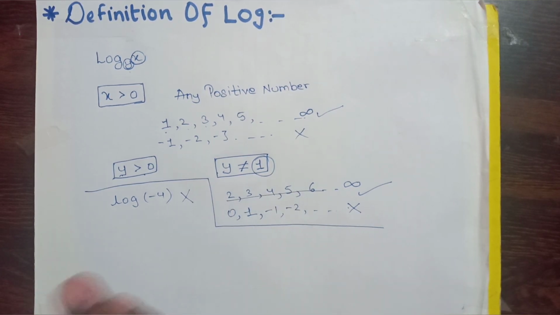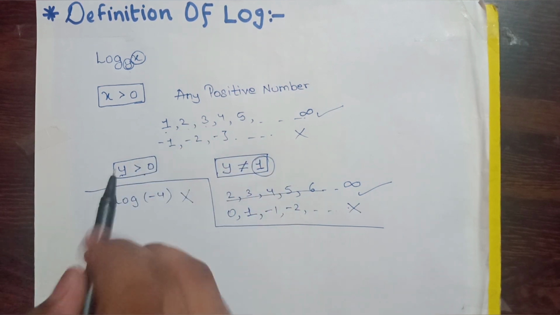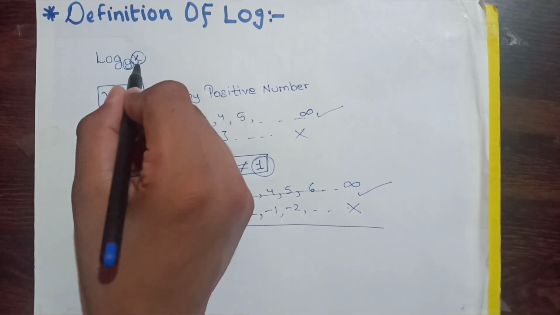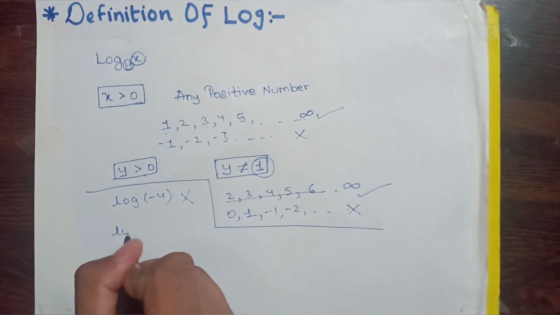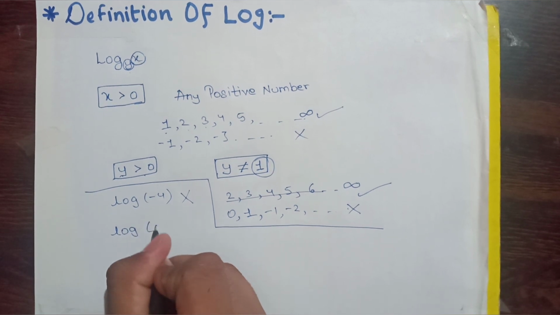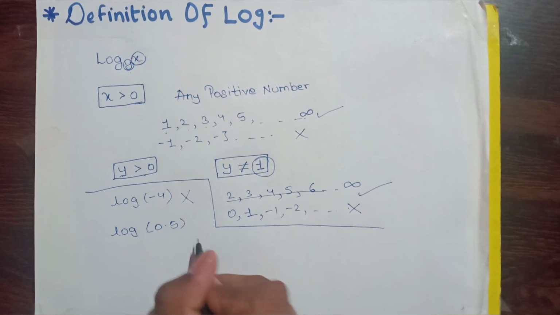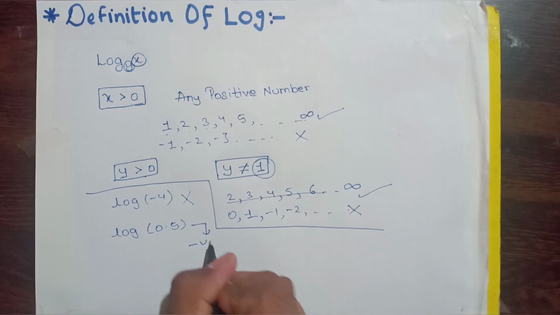So now the next point is, if any number at the position of x is less than 1, say we have written log of 0.5, then we will consider it to be negative.